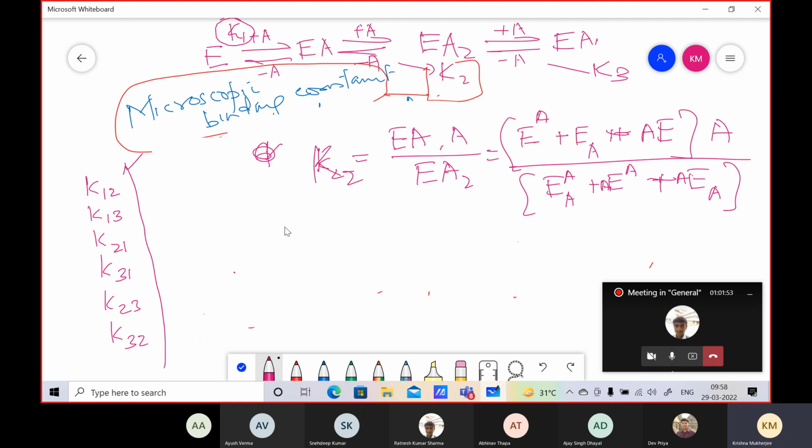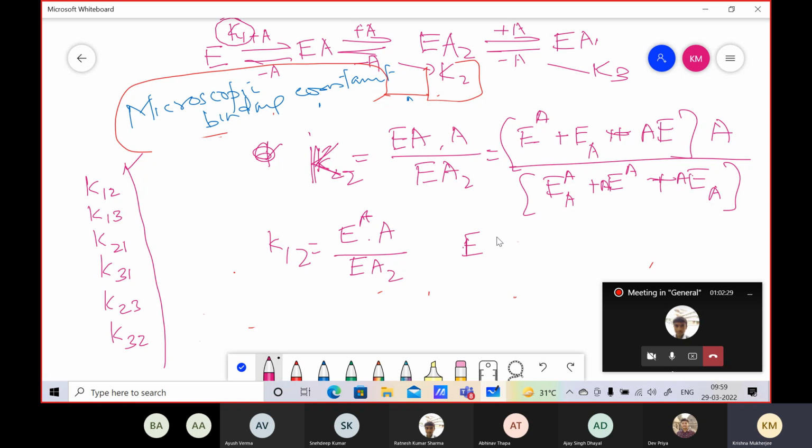And we said we can now say K12 small k. Now this was capital K here, and small K12 is equal to EA into A, of course, upon EA2 as far as we are concerned. And then this of course tells me that this is K12, remember.